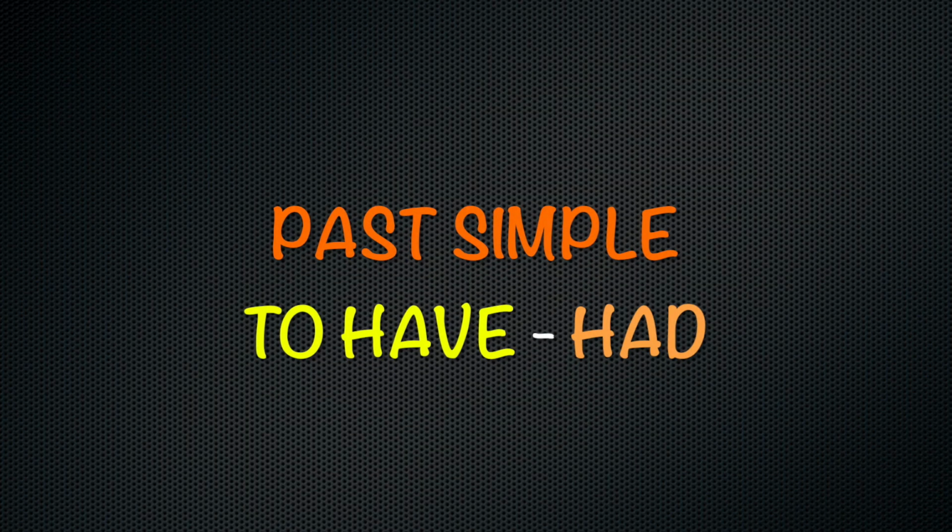Another group is to have. The verb to have shows possession, so I have something. However, in the past, this form will be changed into had. For example, I had more time yesterday, but today maybe I don't have a lot of time.